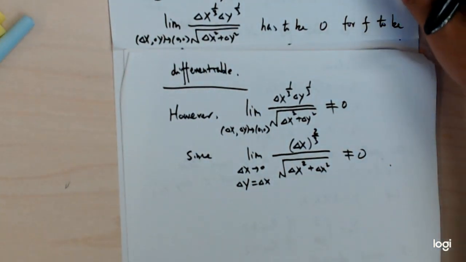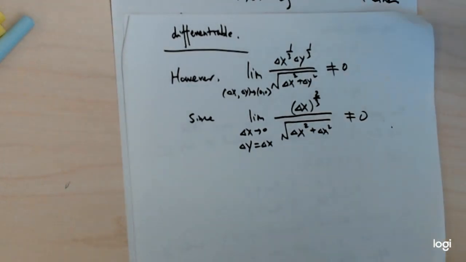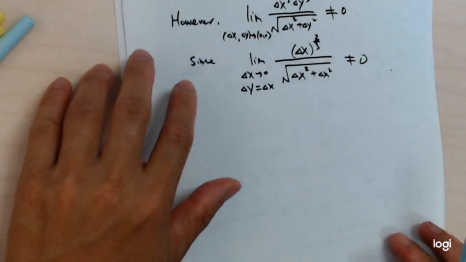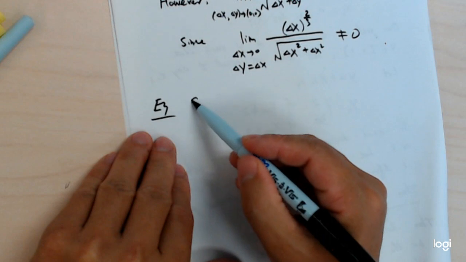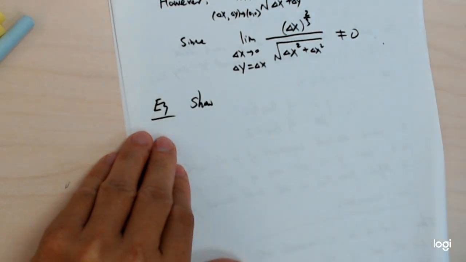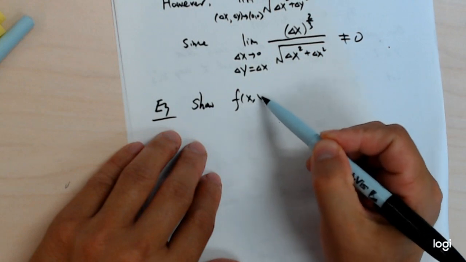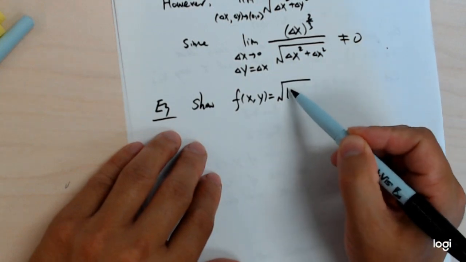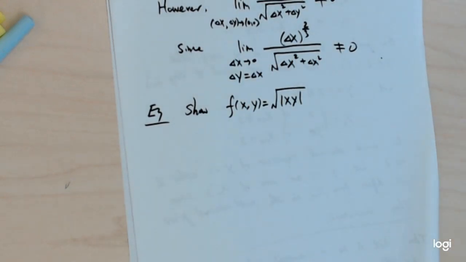You probably need more examples to see how this works. So let me work out one more example where a function is not differentiable. I take the absolute value and I raise this to the power of 1/2.